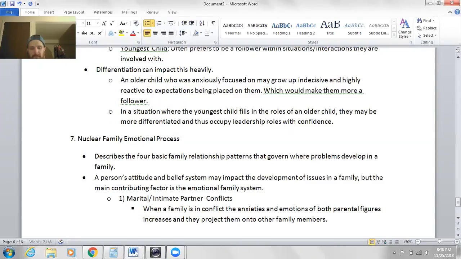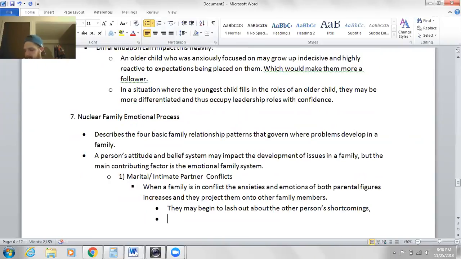So they may begin to lash out about the other person's shortcomings. They will both seek to have a sense of control in the relationship, which the impact is on the children.